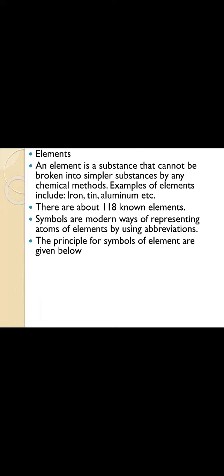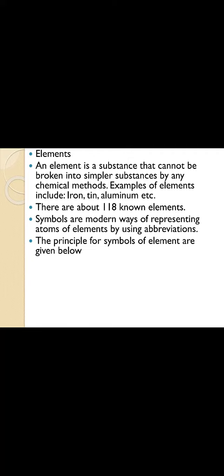Oxygen is an example of an element. It cannot be split by any chemical means. If you have an atom of oxygen, you can't just split it by any chemical means. Before we can split such, you have to talk about nuclear chemistry. But for an ordinary chemical process, an element cannot be split.